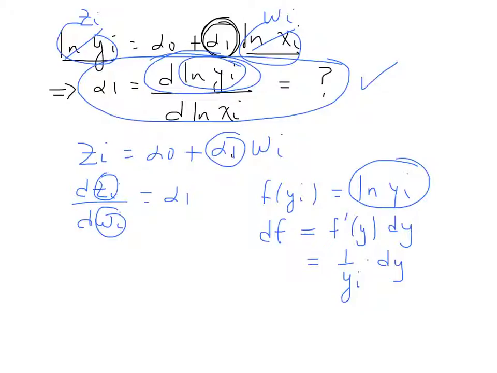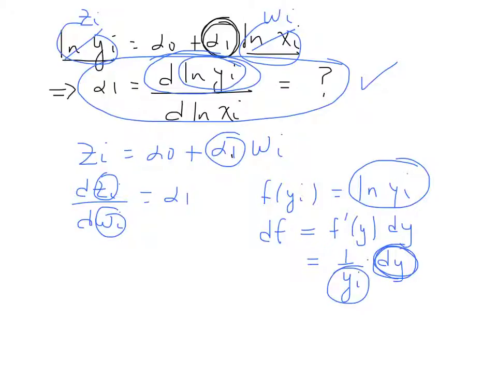And now we can interpret this. dy is a change in y. 1 over y is the rate of change of f with respect to y. When we multiply them together, we get the total change in the log of y when y is allowed to change by a little bit. But look carefully at this. If we have the change in y and we divide by y, change in y over y is almost a percent change.